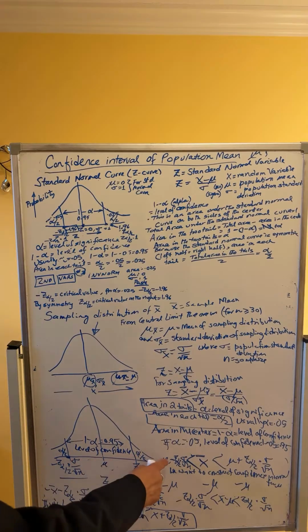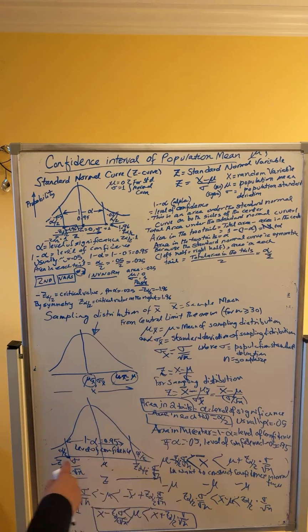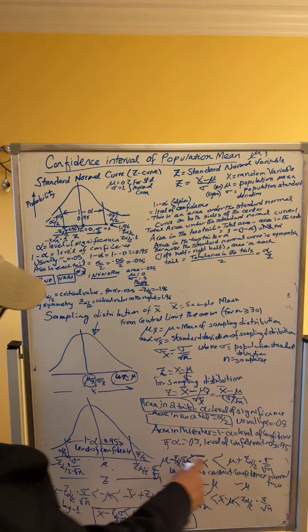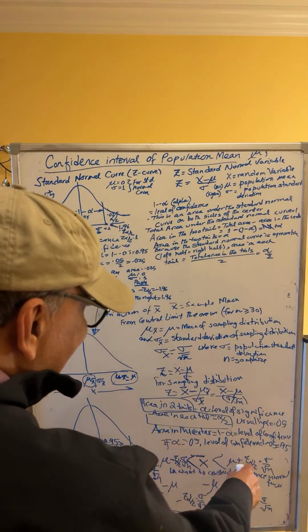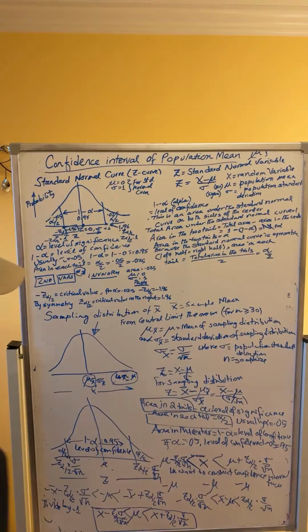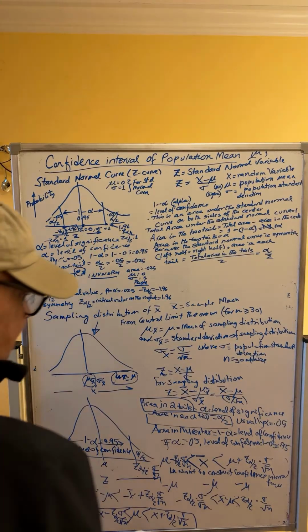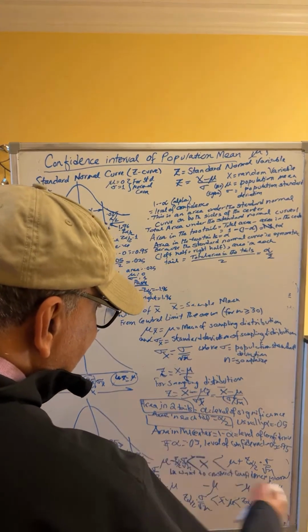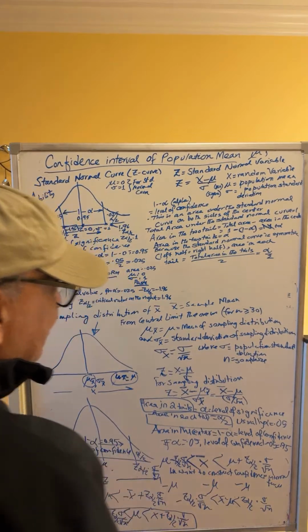So mu minus z alpha by 2 times sigma divided by square root of n is the boundary on the left, and on the right the boundary is mu plus z alpha by 2 times sigma by square root of n. But this gives us the boundaries of the sample mean.